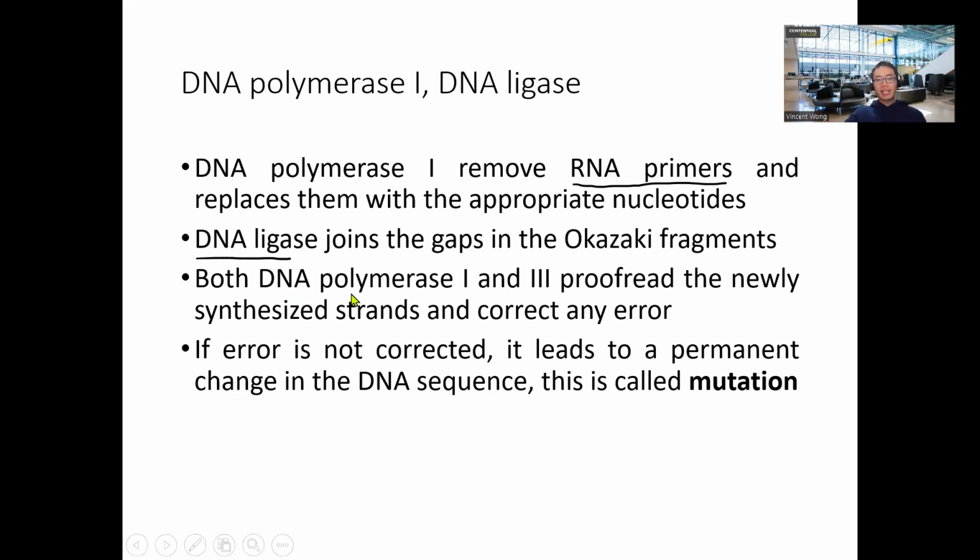So that's exactly the same thing with DNA polymerase 1 and 3. If it detects an error, right? Let's say it was supposed to be a G and then it accidentally pairs it with a T instead of a C. It will go back, delete the T, and replace it with the correct one. Okay. Sometimes despite its best proofreading effort, it still ends up making a mistake. And if that mistake is not corrected, it will result in a permanent DNA change. And we call that a mutation.